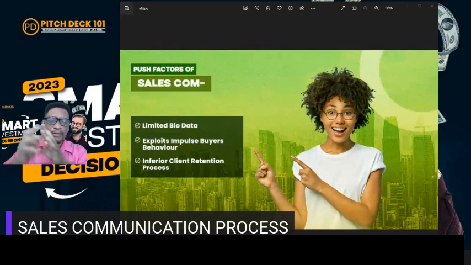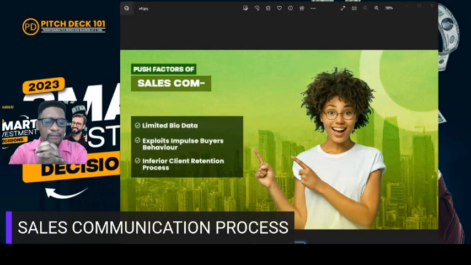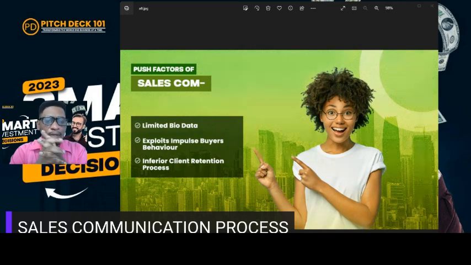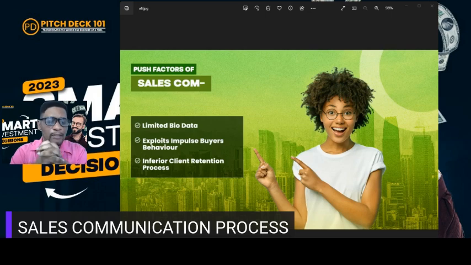But let's go into this particular topic, the push factors of sales communication. What do I mean by limited biodata? It simply means that yes, you may have some information about your demographic type, the psychographic type, and the geographic type, but all of that really doesn't matter, because the key focus of the sales agent at this particular time is to make the sale, is to optimize the sale.